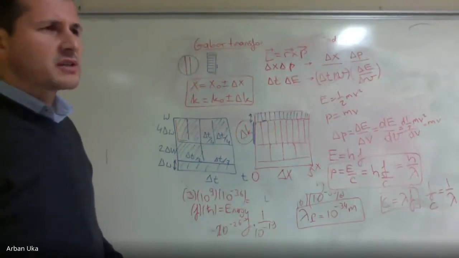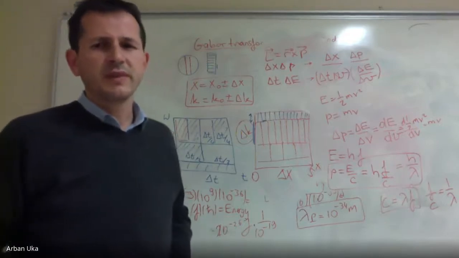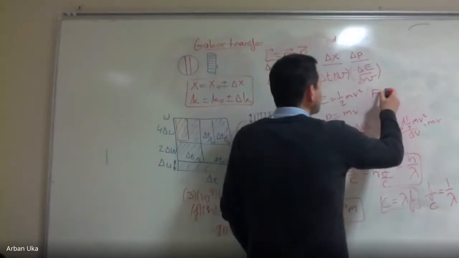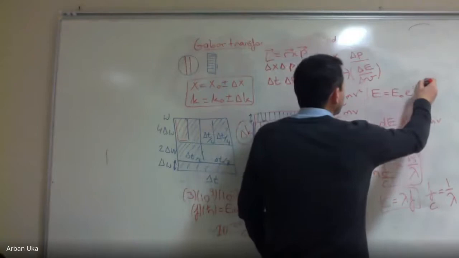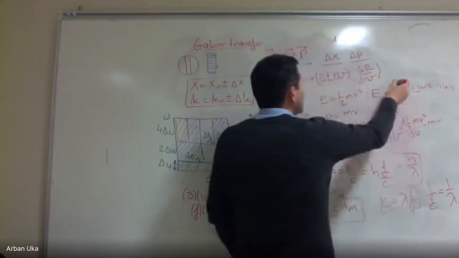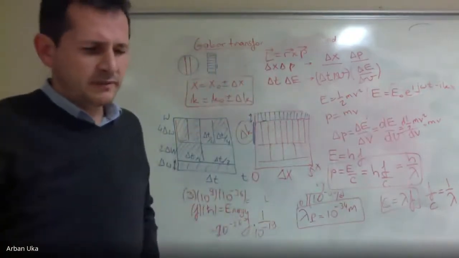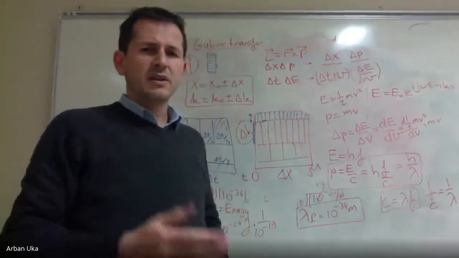So the energy that is coming, the energy is proportional to the electromagnetic field amplitude squared. Yes, actually, we can discuss this. So the electric field is equal to E0 e to the power i(omega t minus kx). The energy is this amplitude squared, okay? Then we divide it by C, and we can get, let's say, the momentum.